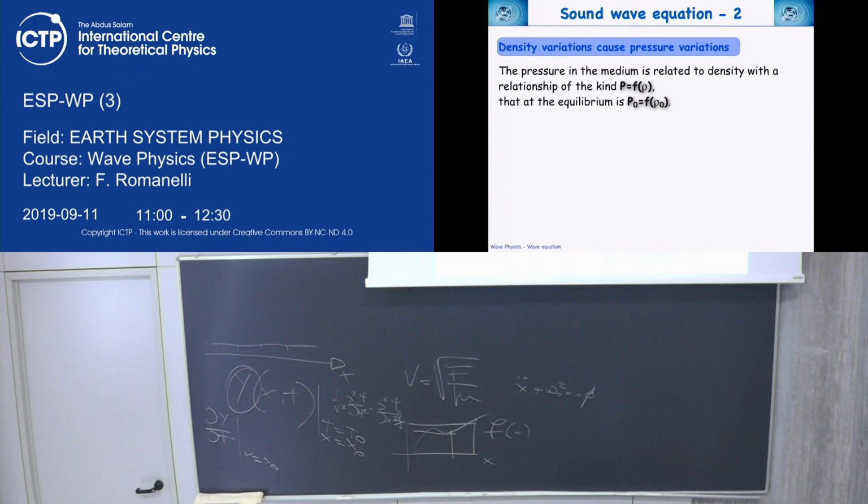Okay. So the pressure is a function of the density. And at the beginning, it will be just like that. But we have changed the density. How much will the pressure change? Don't get scared, it's easy. The new pressure will be the initial one plus delta P. That's what we're going to call a sound wave.